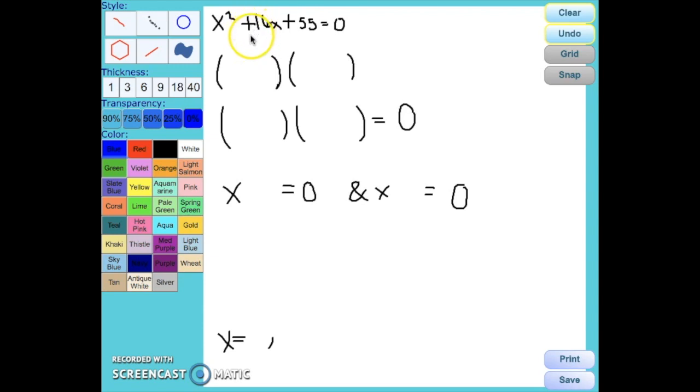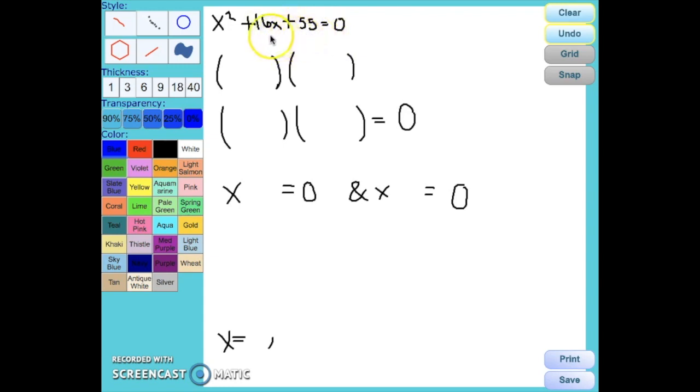We need to figure out what adds up to the piece that has the variable and then multiplies to the piece of the equation that is just a solid number.